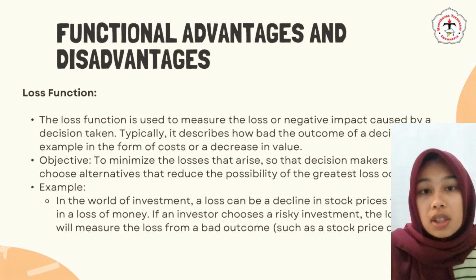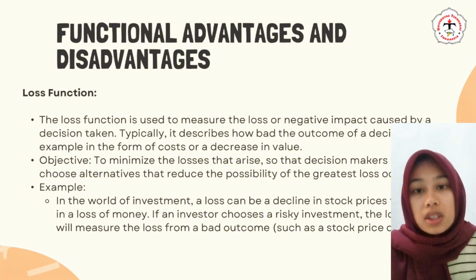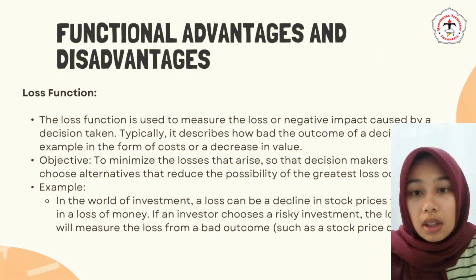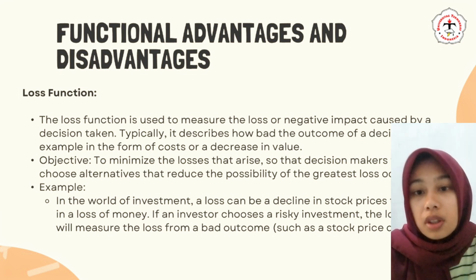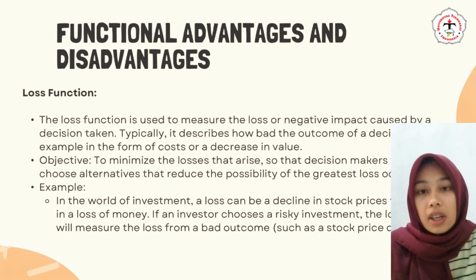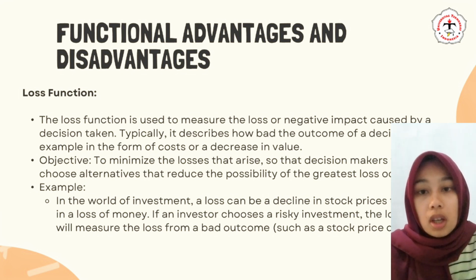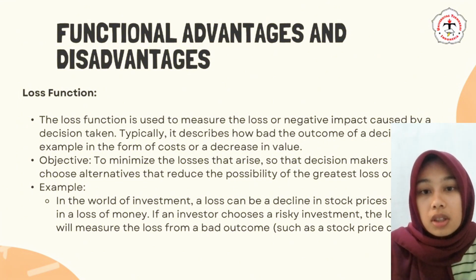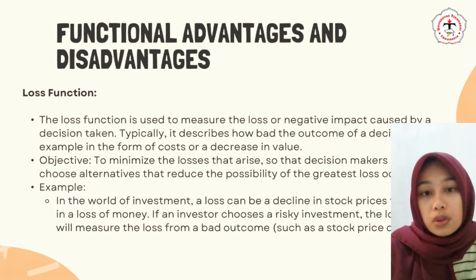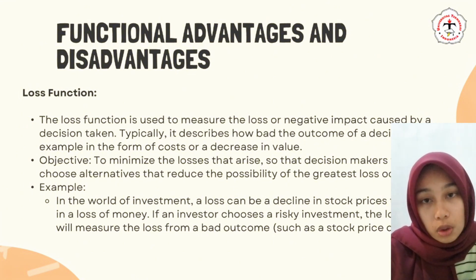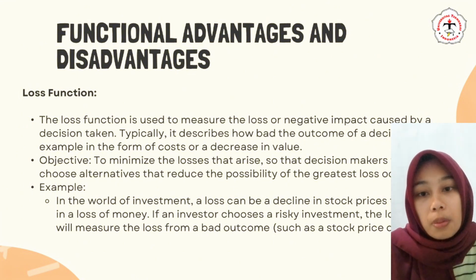The objective is to minimize the loss incurred, so that the decision maker chooses the alternative that reduces the possibility of great loss. Example, in investment, loss can be in the form of a decline in stock price that causes a loss of money to an investor taking a risky investment. The loss function measures the loss from the result, such as a falling stock price.